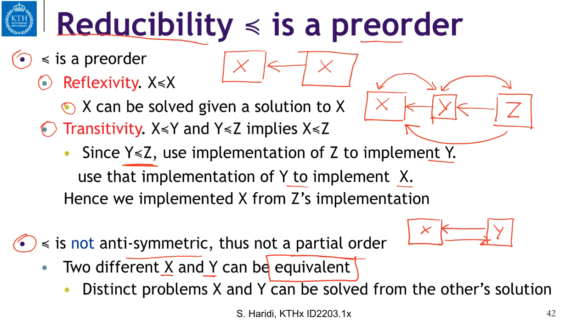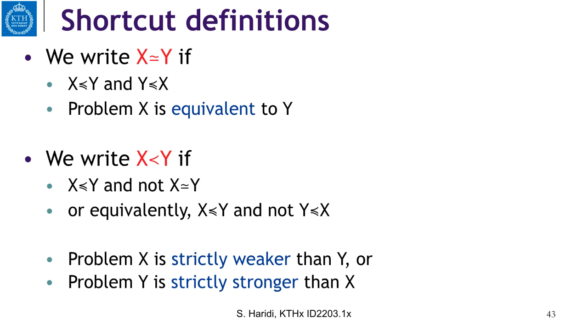So distinct problems, x and y, can be solved in terms of each other. Let's have some shortcuts here. This relation says x is equivalent to y, and it is the case if x is reducible to y and y is reducible to x.